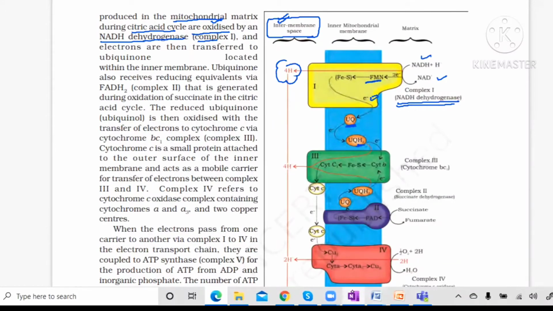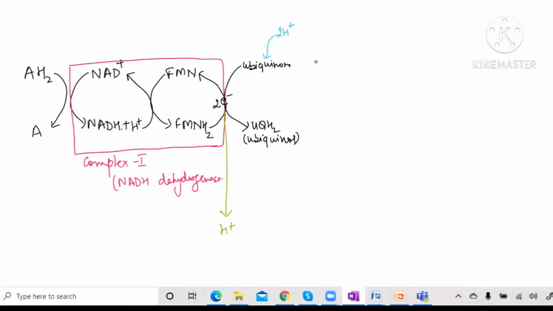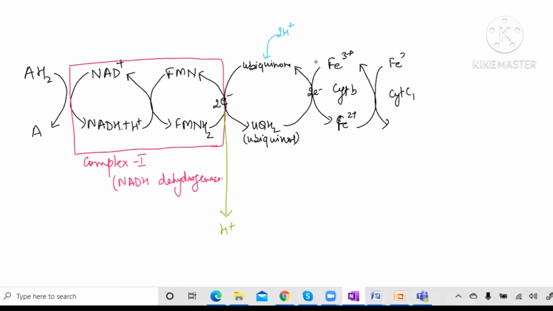Now see carefully. Now it will get oxidized. When it is getting oxidized, it gives its electron to the next, that is cytochrome BC1. Here iron will be present, Fe3 plus, and 2 electrons will be given. So here cytochrome B is Fe2 plus, and it is BC1, because cytochromes are rich in iron.